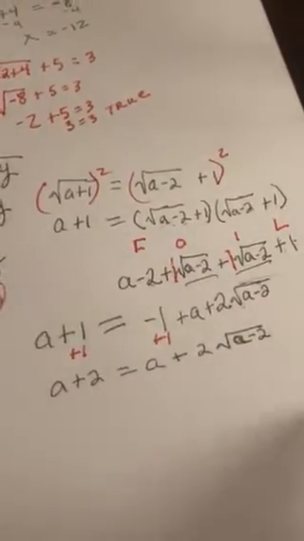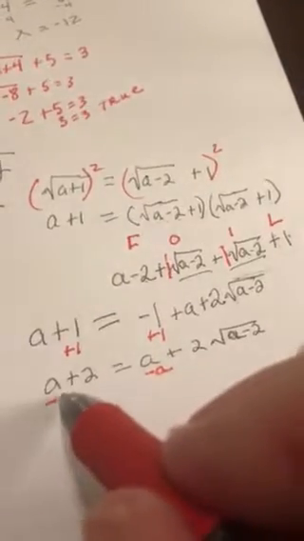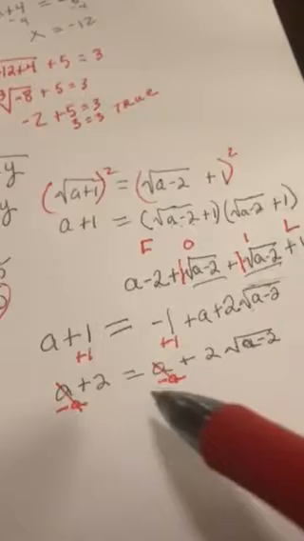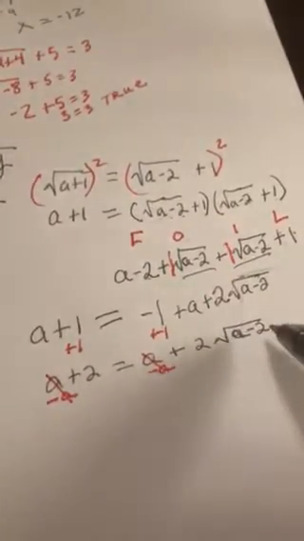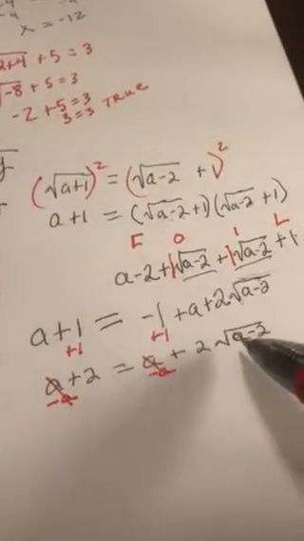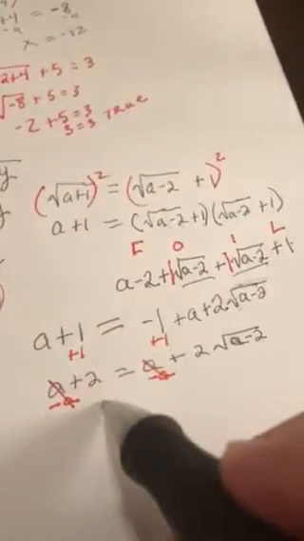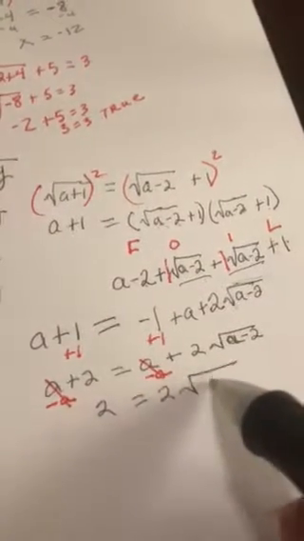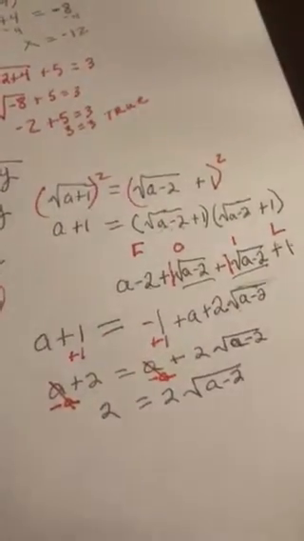And my radical is not alone yet, so I'm going to subtract a here and subtract a here, but these are going to all cancel out. So I'm so far left with 2 is equal to 2 times the square root of a minus 2. So now what I want to do is get rid of the number that's outside of the radical, which is this 2, and it's being multiplied right now.